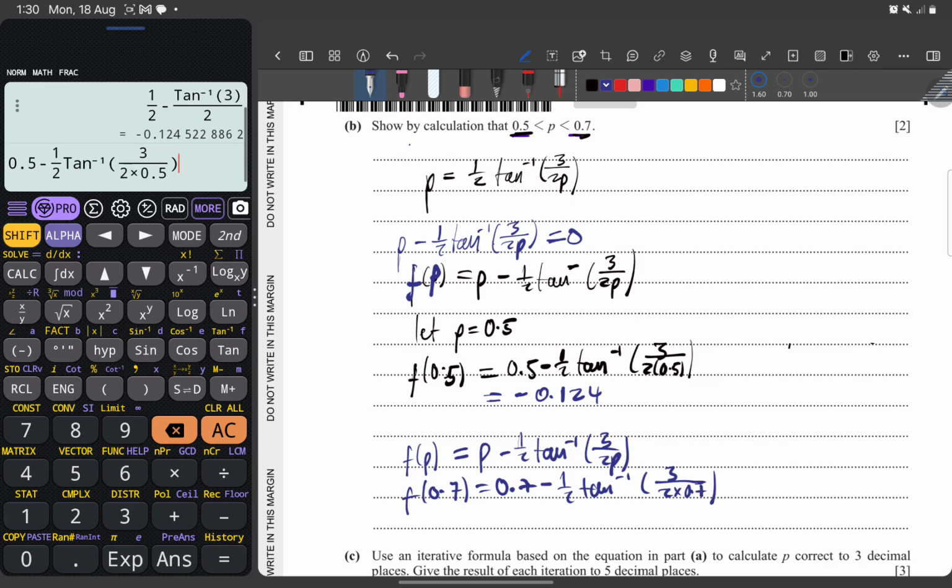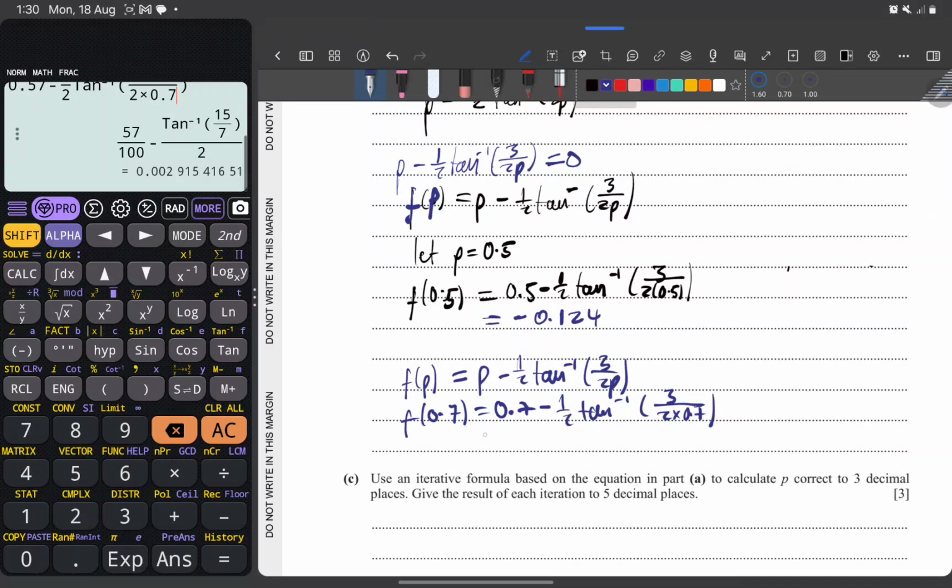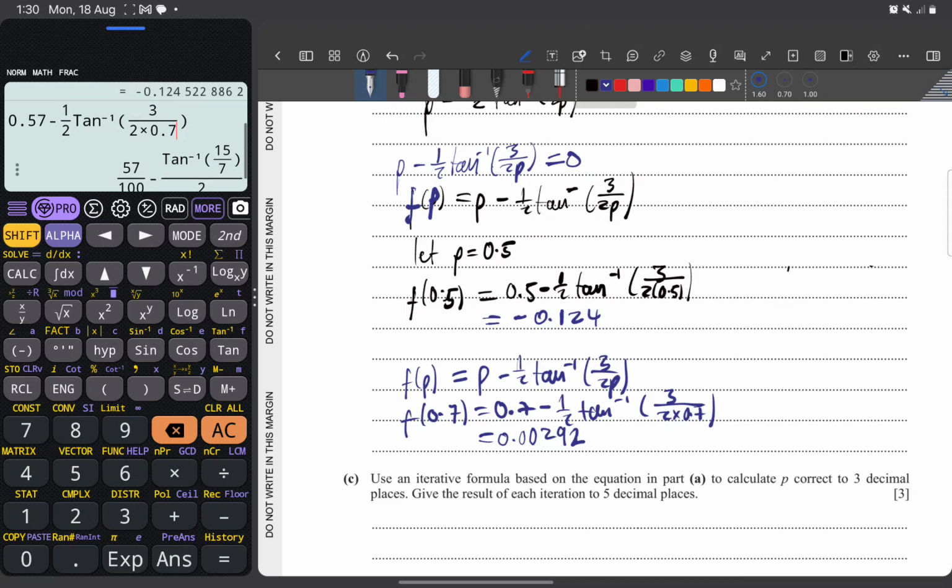Now let's punch this. So where there is 0.5, I'm now putting 0.7. So what do we get now? Here we are going to get a positive. Let me see, 0.7 minus this.